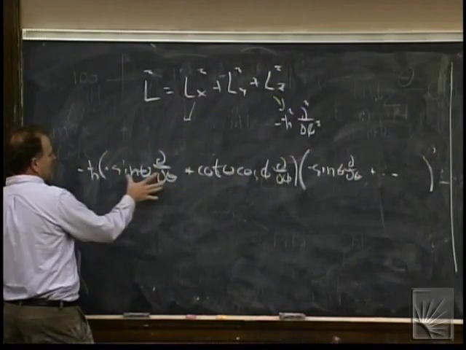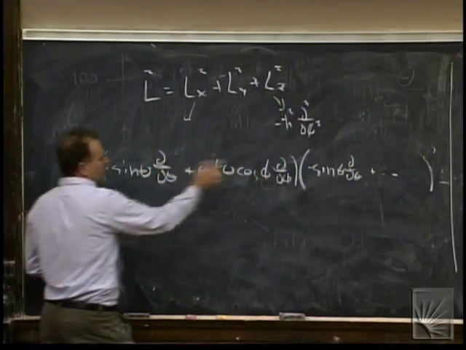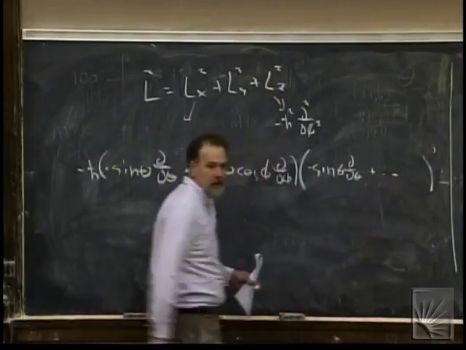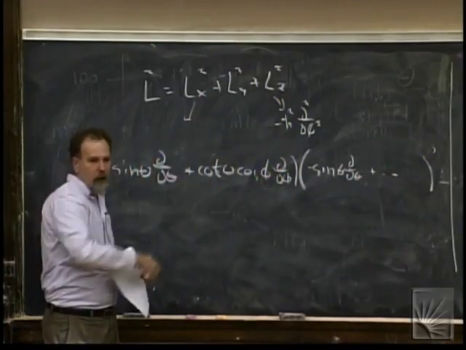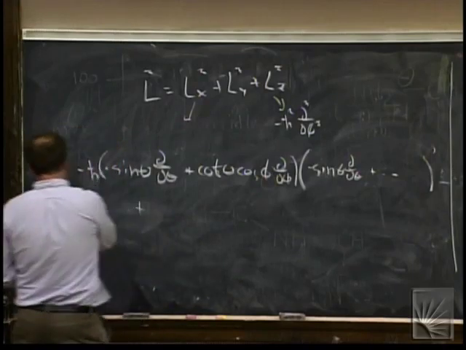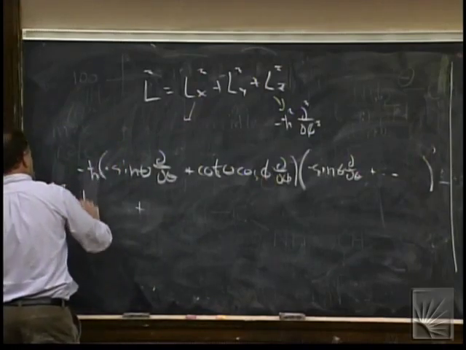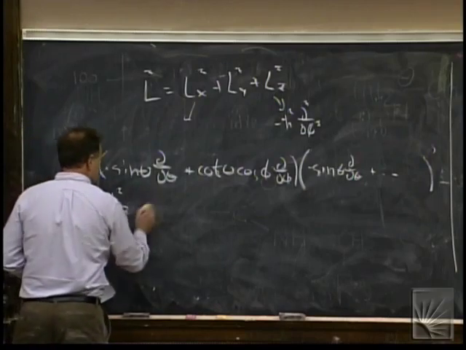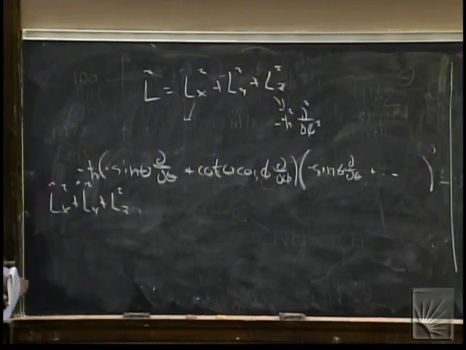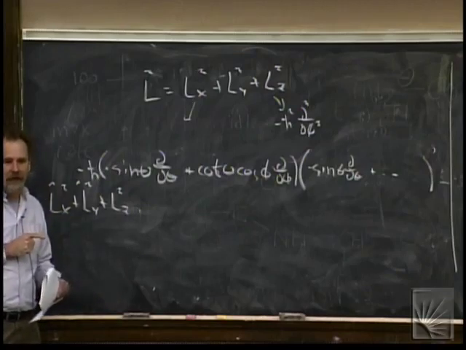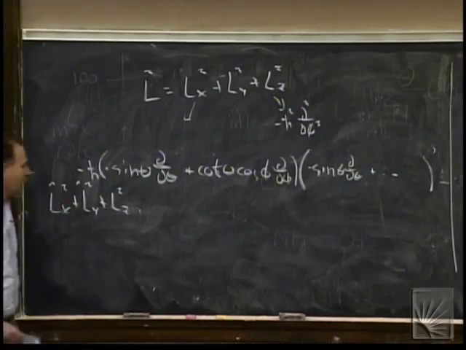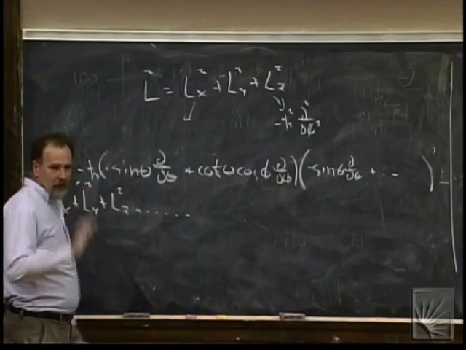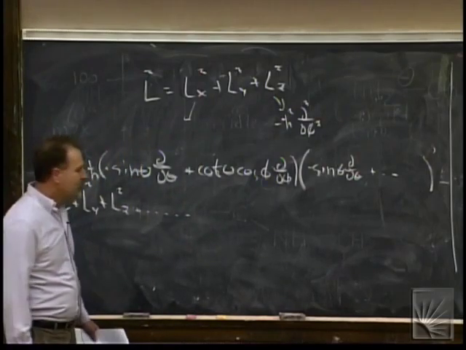I have to take this derivative and multiply it by this term, take the derivative of sine, then take this derivative and multiply it by the cotangent, blah, blah. If I do Lx squared plus Ly squared plus Lz squared, I think this takes up about two solid pages of algebra in Appendix G. And he skips steps too. He says, oh, I quit writing. All right, so blah, blah, blah. A miracle occurs, okay?